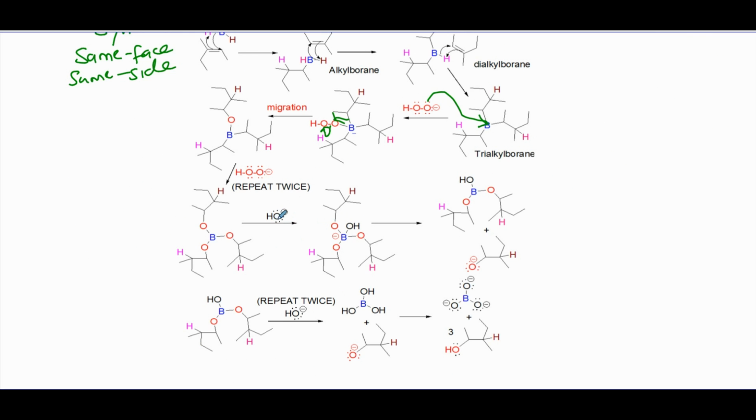Sodium hydroxide will use the hydroxide to attack the boron center. You end up with this molecule, and then from this molecule we're going to lose 2 groups. It's going to break apart to get these 2 structures circled in green.